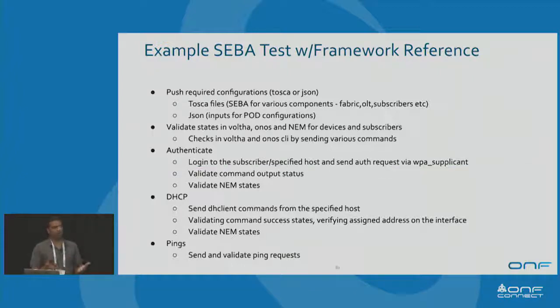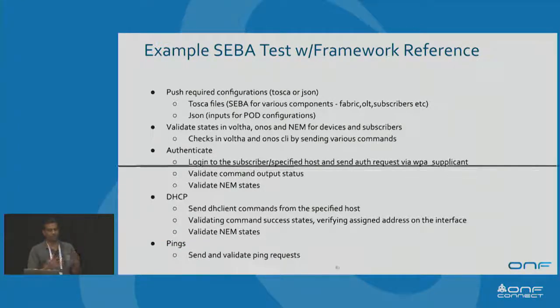Post-deployment of SEBA and your pod, whether it's SEBA-in-a-Box or this whole pod in a physical environment as well, at the beginning of the test, the test validates the initial states of each of the data models, as well as validating certain steps in Voltha and ONOS, just to make sure that the environment is set up and ready to authenticate and get a DHCP address and in the end do a ping.